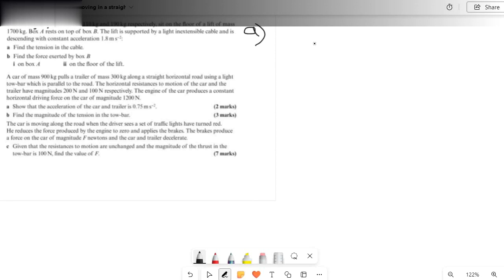So first we have to draw the figure so that we understand the scenario properly.